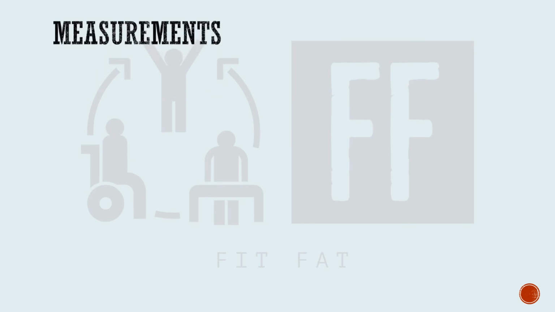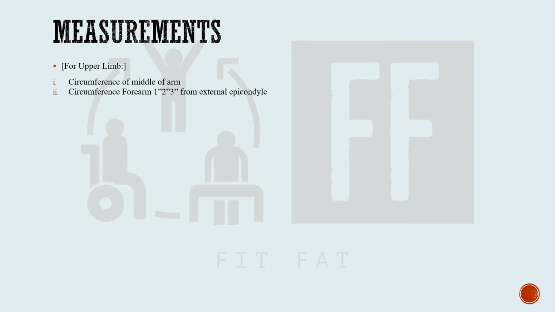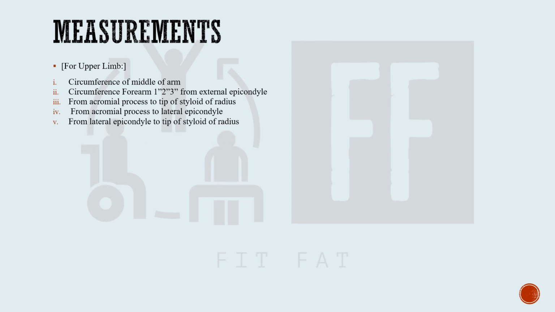Okay, then you can take measurements for upper limb. The measurements are, first is the circumference of middle of the arm, circumference of forearm, 1 inch, 2 inch and 3 inch from external epicondyle, from acromial process to tip of the styloid of radius, from acromial process to lateral epicondyle, from lateral epicondyle to tip of styloid of radius.